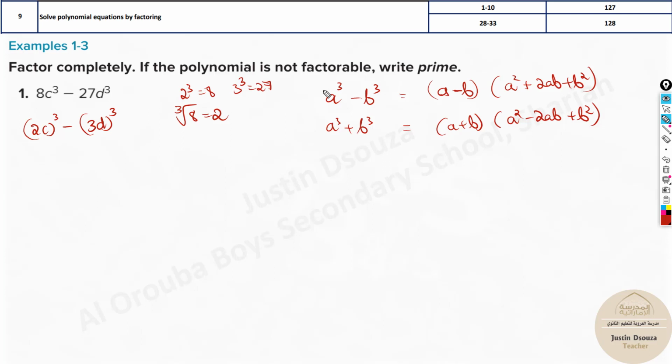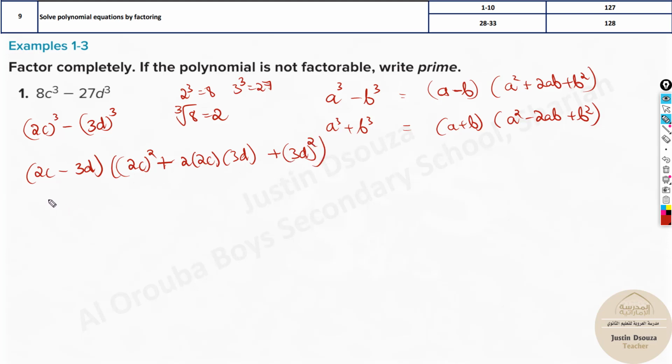Now I can apply this formula over here, a cube minus b cube. So it will be 2c minus 3d, whatever is inside, multiplied with the first term squared, 2c the whole square, plus 2 times 2c times 3d plus 3d the whole square. Okay, this entire thing.